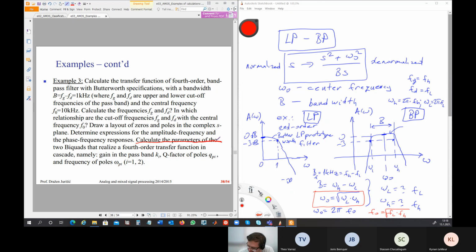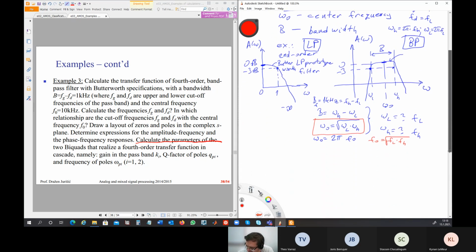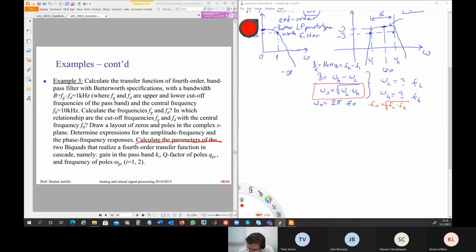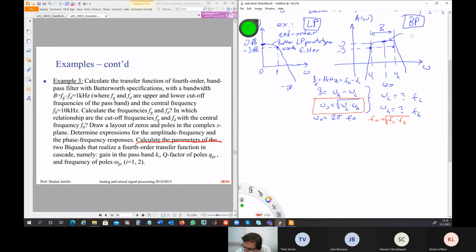So this final task I will also draw here. Indeed, we will see, because this is fourth order, and we started from the second order, and the order is doubled.